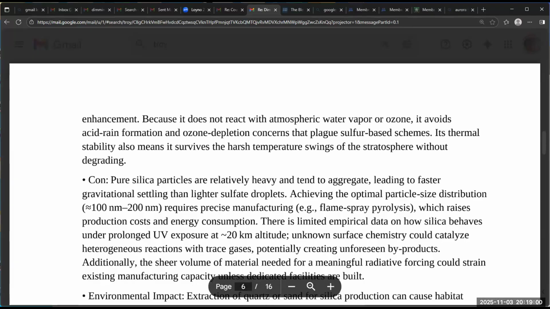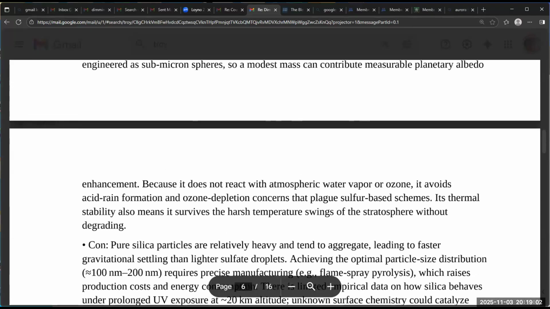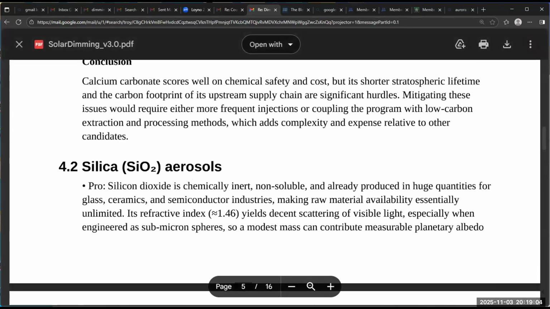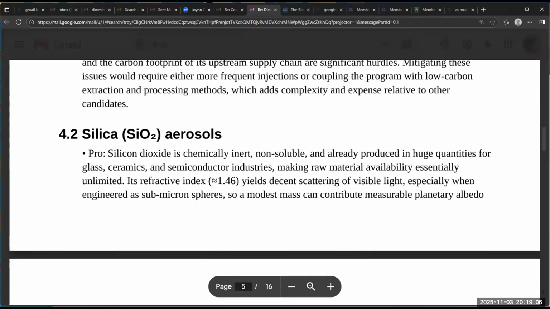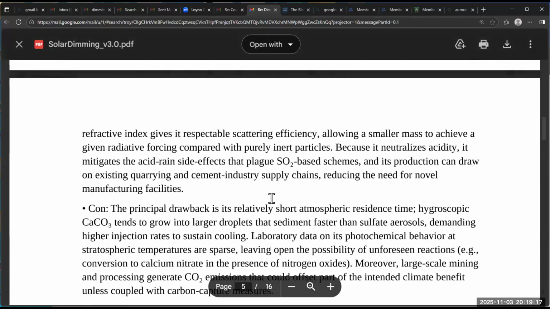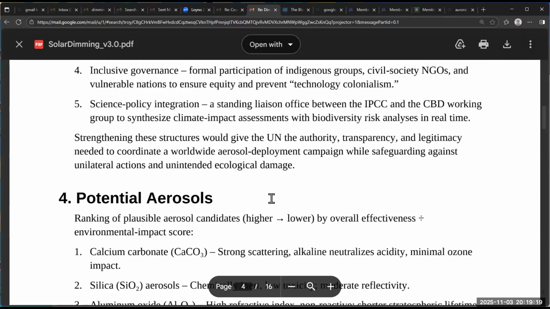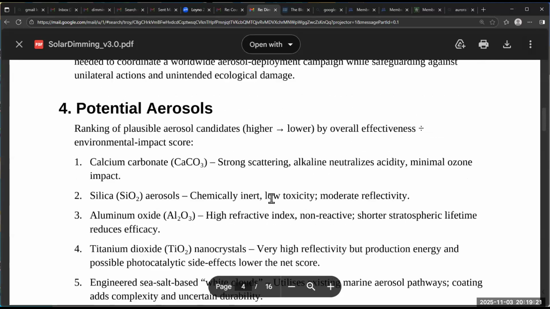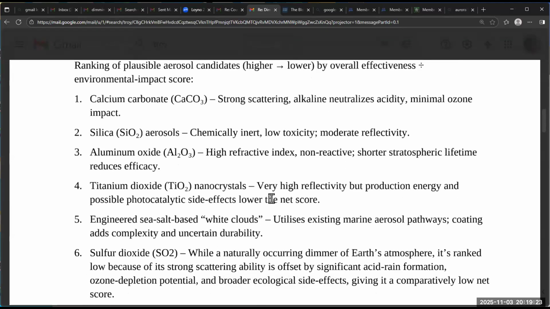Next is silica, which is basically just sand, chemically inert, low toxicity, moderate reflectivity. And then we start from here down. The choices are, in my view, much worse. Yes, they can be used, but they all have significant downsides, you know, from 4 on.